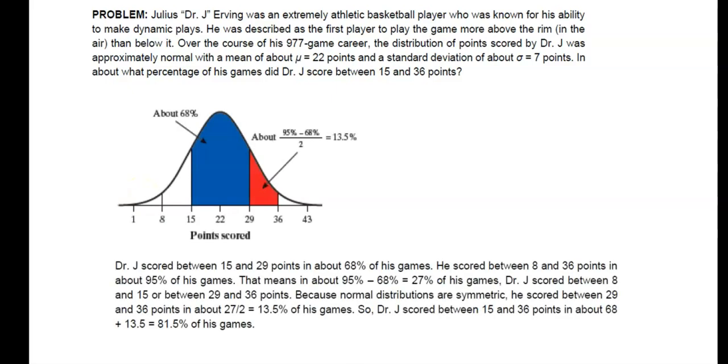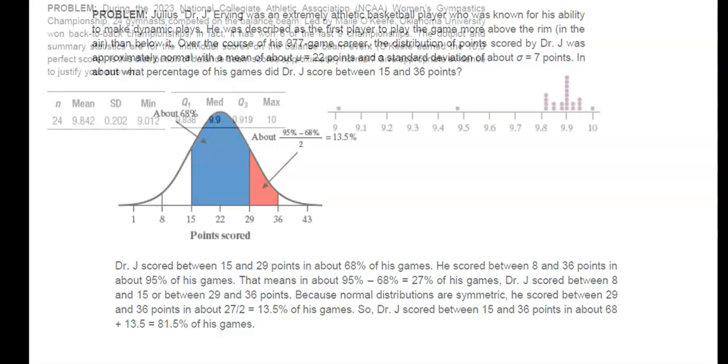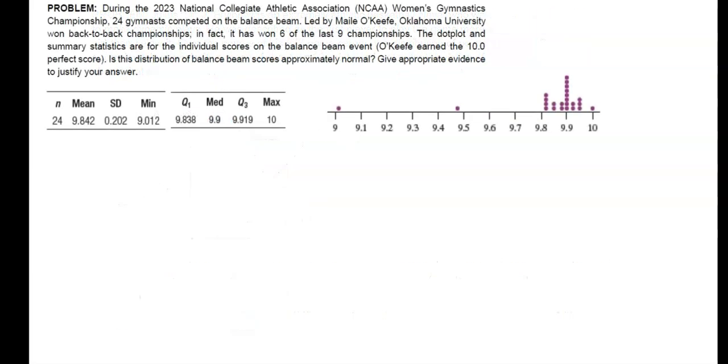They did 95 minus 68, which is 2 standard deviations minus 1 standard deviation of the empirical rule, and divide it by 2 to get that piece, which is what we did when we first created that. So the answer there was about 81. If you add those numbers up, about 81.5% of his games, he scored between 15 and 36 points. So most of his games he scored between there.